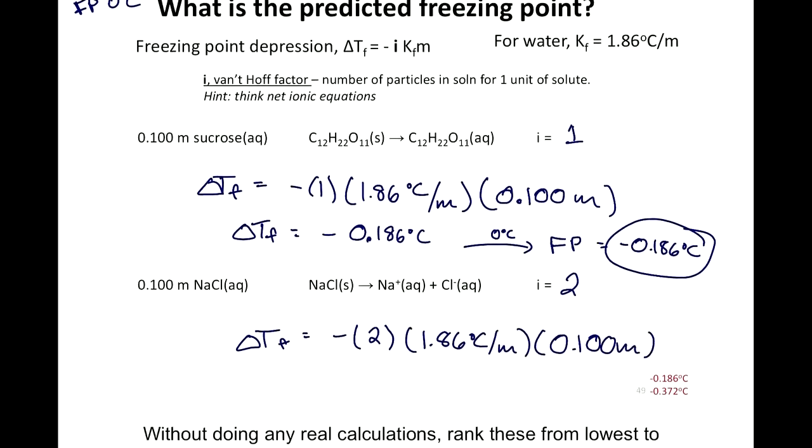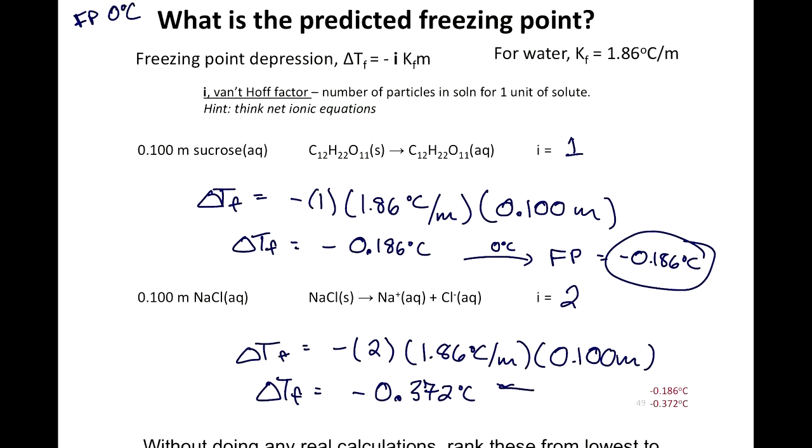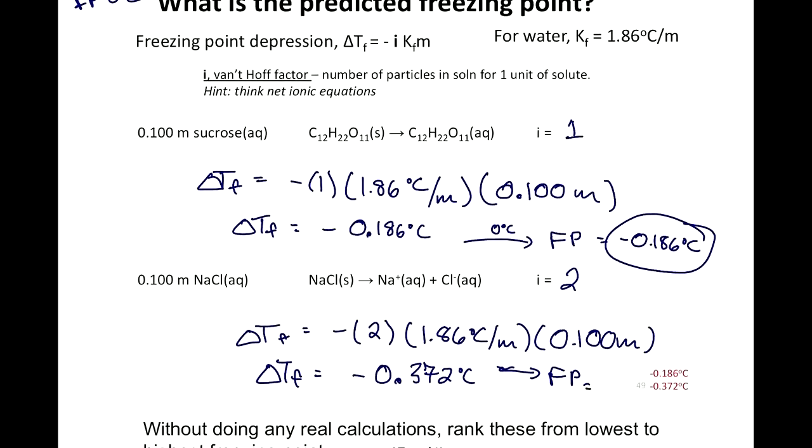Molality, all right, and so we get that for this solution, its freezing point depression is whatever double that is, 0.372 degrees Celsius, and we're going to subtract this from 0, and so we get an actual freezing point for this salty solution equal to negative 0.372 degrees Celsius, because we're subtracting from 0.